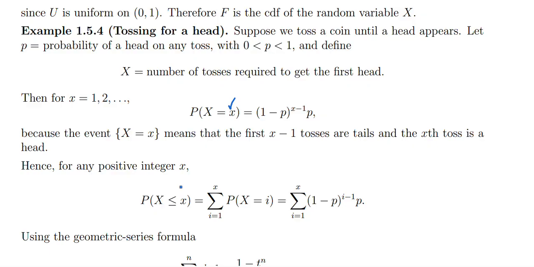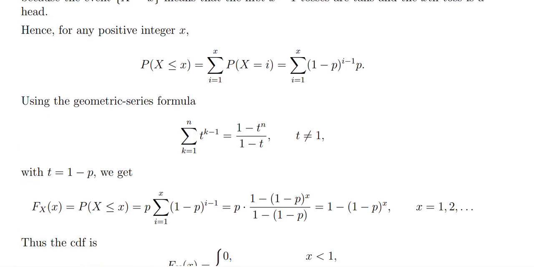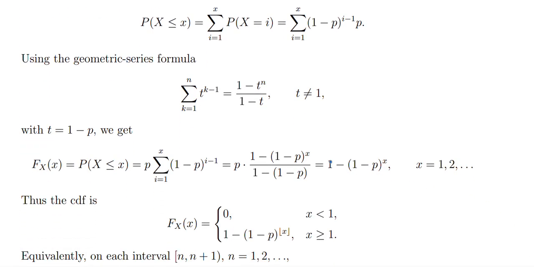We are trying to compute the probability of X less than or equal to x, taking x to be only 1, 2, 3 and so on for now. So it is the sum for i equals 1 to x of the probability of X equals i.